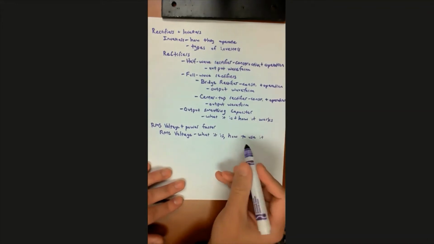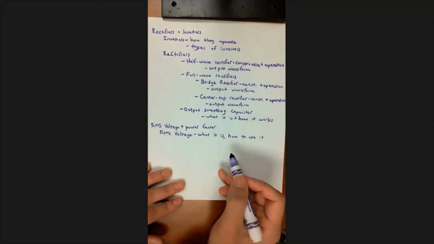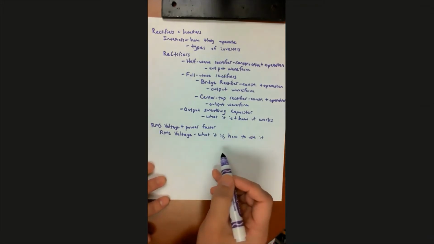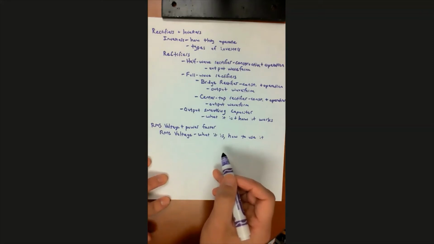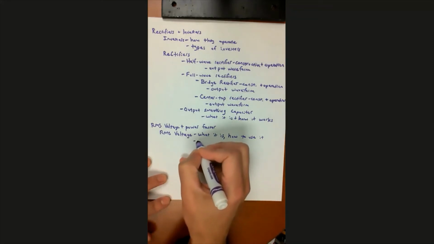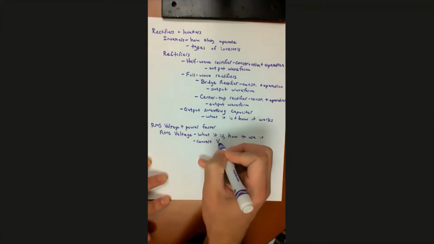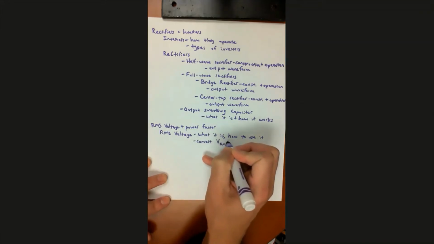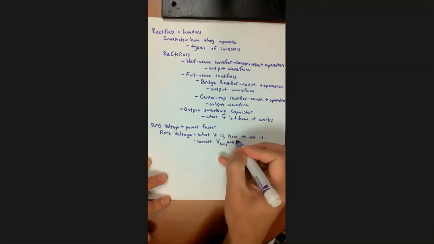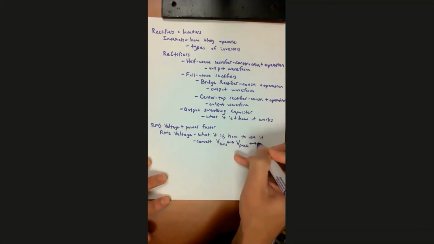It's pretty simple to use. Whenever we have an equation that includes voltage for AC circuits, you just have to plug in the root mean square voltage, not the peak voltage. But you do need to know how to convert from root mean square voltage back and forth to peak voltage, back and forth to peak.